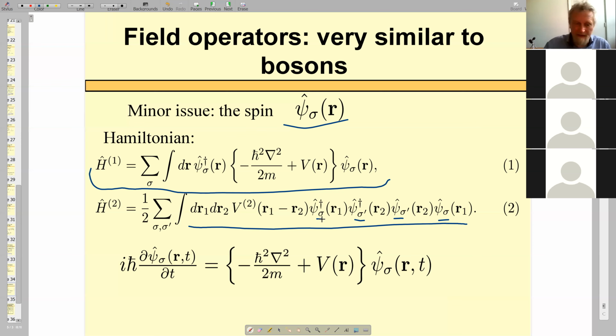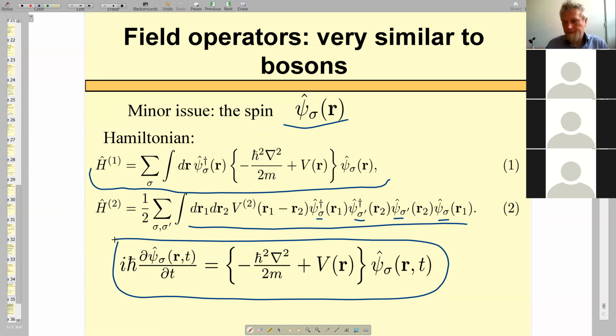The equation for field operators is the same as the Schrödinger equation, apart from the fact that it contains spin. So it looks like a Schrödinger equation for a two-component wave function, which, as we discussed, it is not. Rather, this is a dynamical equation for a field, a dynamical equation for a linear field, and not for the wave function of anything.